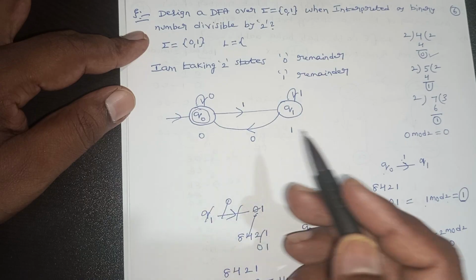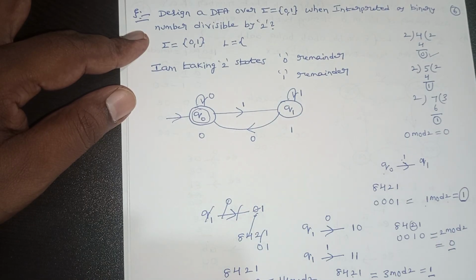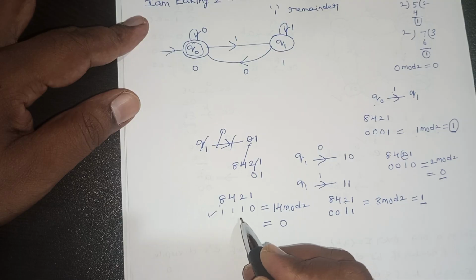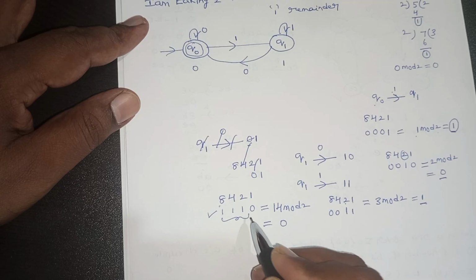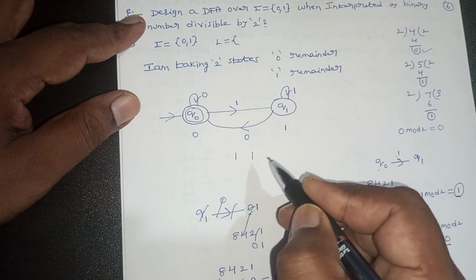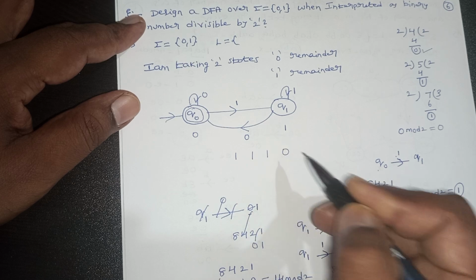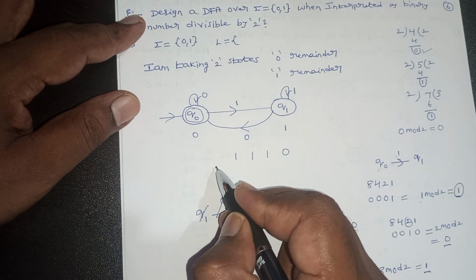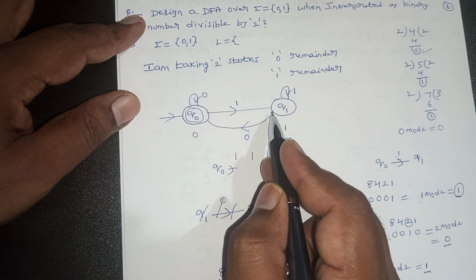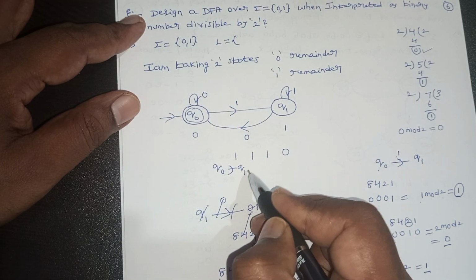Okay, now you trace. When you take this number, where do I have to go? I have to go to the final state. Why? Because this is a string in the language. Then you write here 1 1 1 0. Then q naught on 1, I am going to q1.